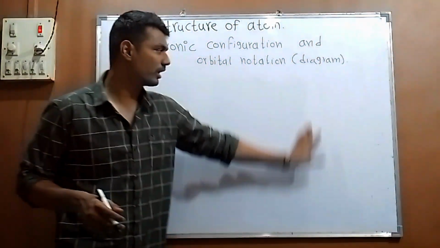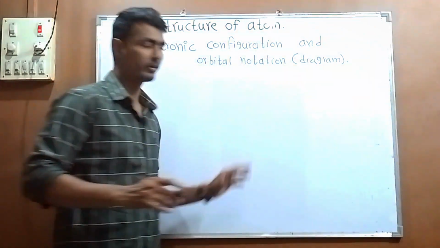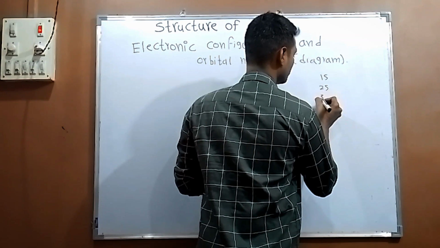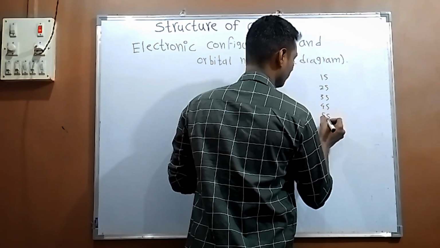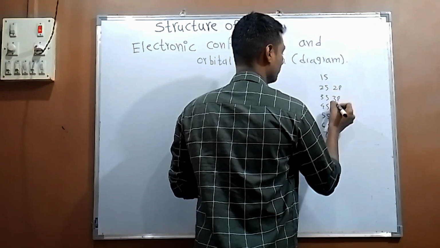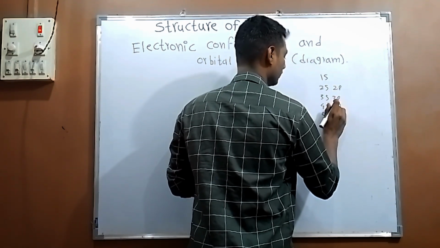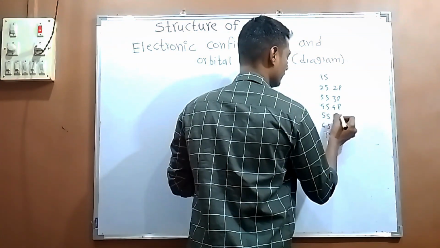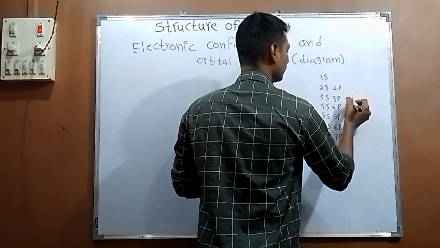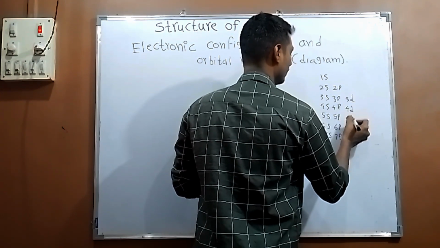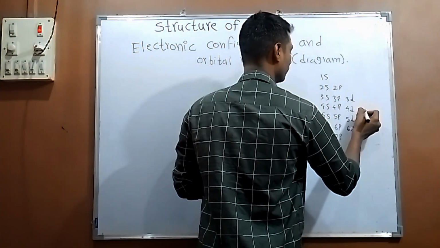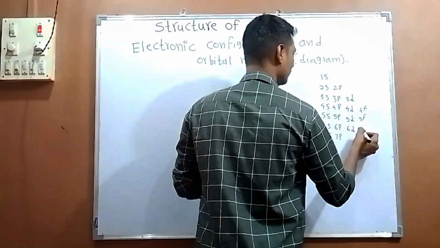I am writing the Aufbau principle again for our revision: 1s, 2s, 3s, 4s, 5s, 6s, 7s, 2p, 3p, 4p, 5p, 6p, 7p, 3d, 4d, 5d, 6d, 4f, 5f, 6f.